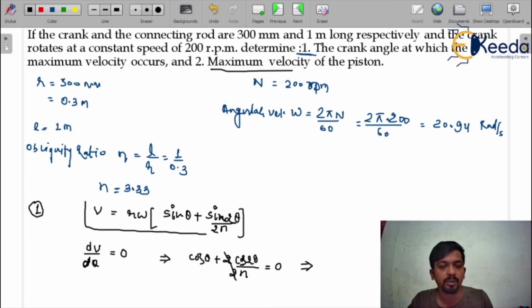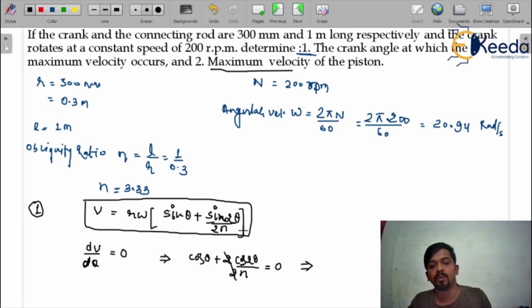Don't make a mistake with this 2 in the denominator, because the acceleration formula is almost similar. The difference is that in the acceleration formula there is a cos theta and a cos 2 theta, but there is no 2 in the denominator. So this is the formula for velocity.